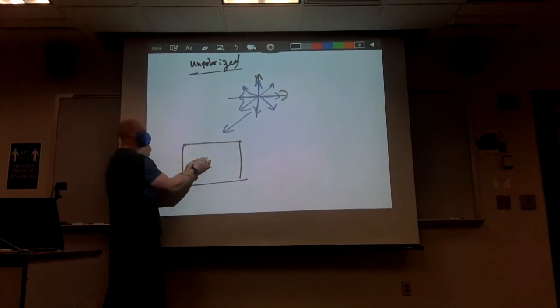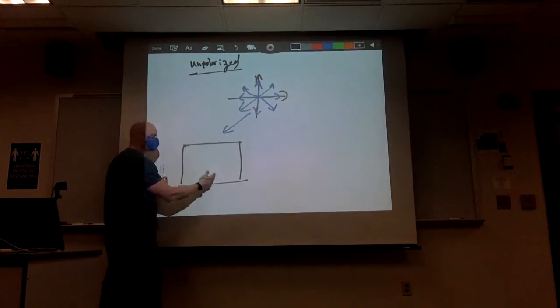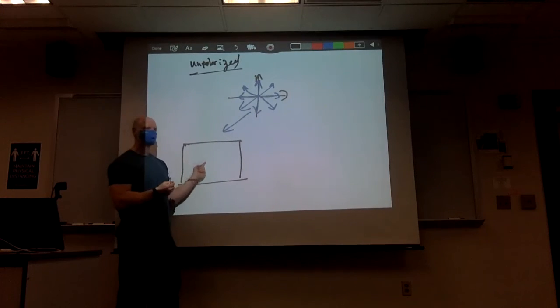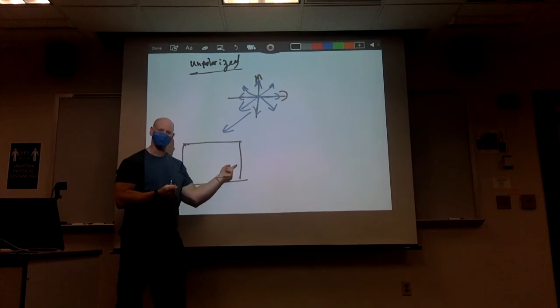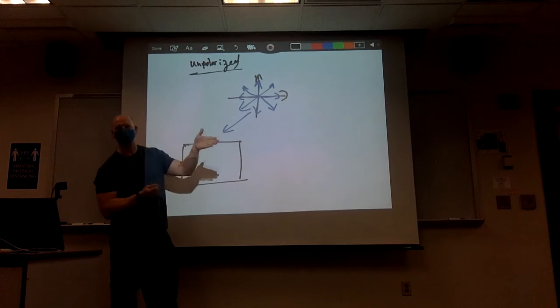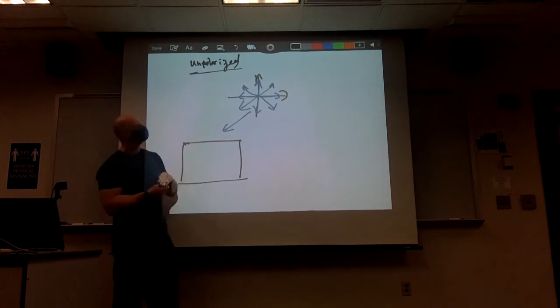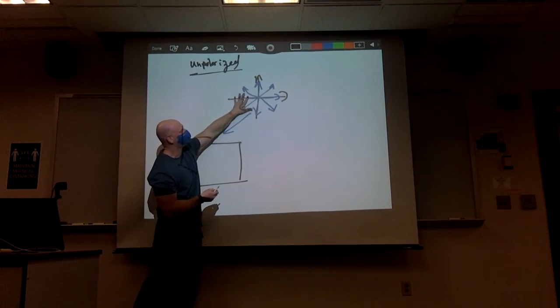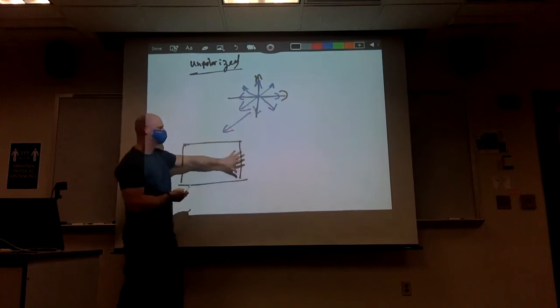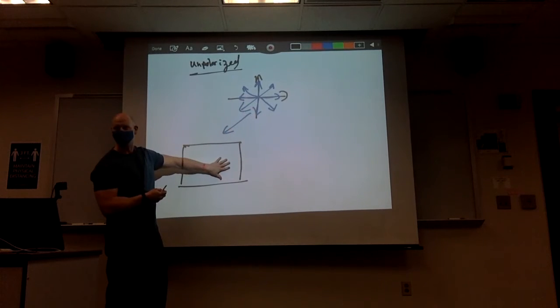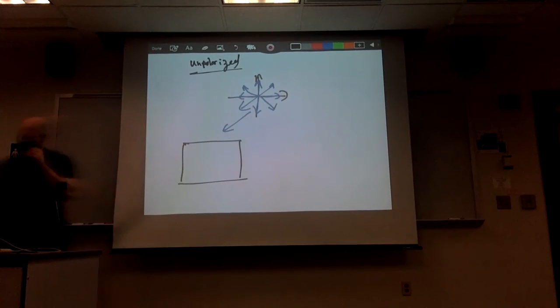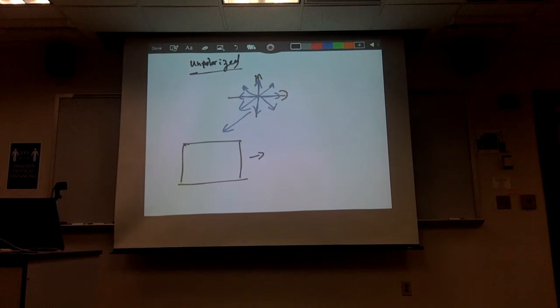Now, when I send that into here, say this is horizontally polarized, all the vertical pieces are going to be absorbed, which means only the horizontal pieces are allowed to pass through, which cuts down the number of field lines passing through by exactly 1/2. So let's say that this is what we're going to call horizontally polarized.